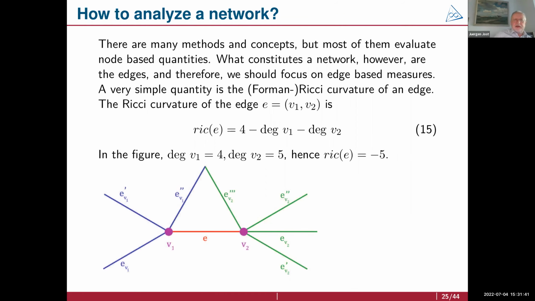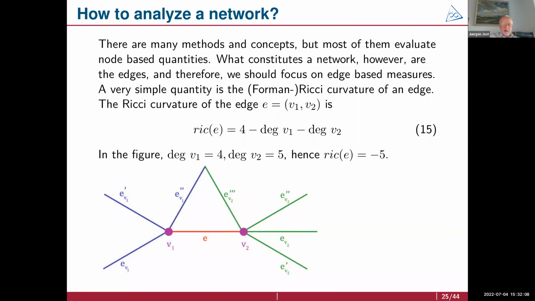Well, let's look at a very simple edge-based quantity. So look at the picture. You have two nodes, V1 and V2, that are connected by an edge. And you want to sample or gauge the importance of an edge. And there you compute particular measures, the so-called Ricci or Forman-Ricci curvature of the edge.